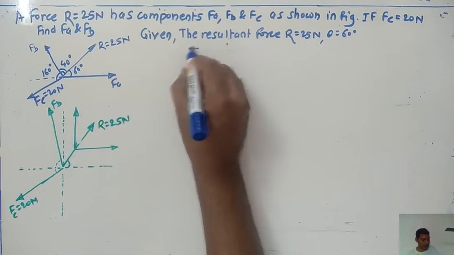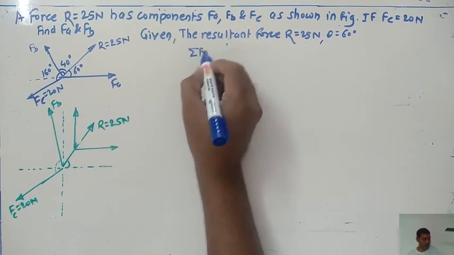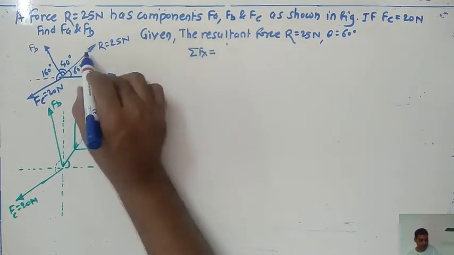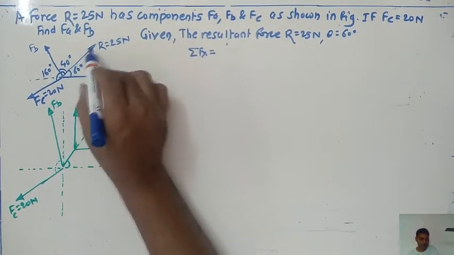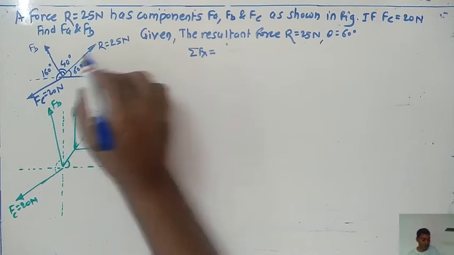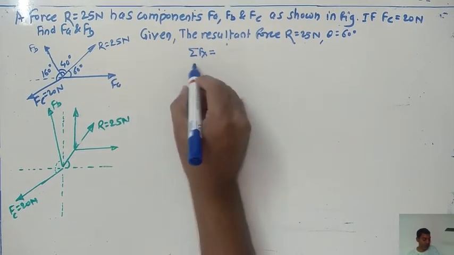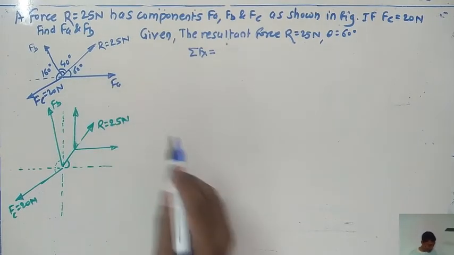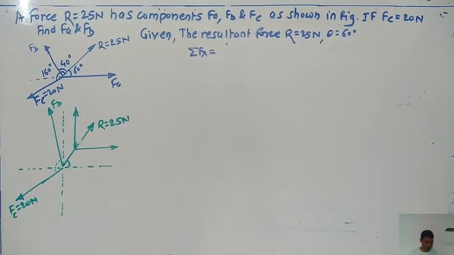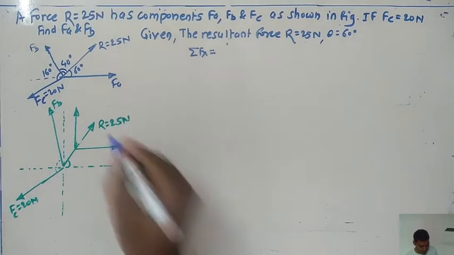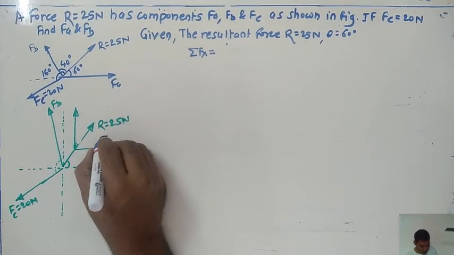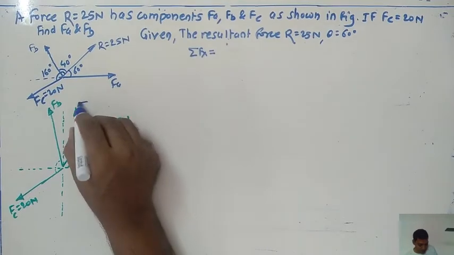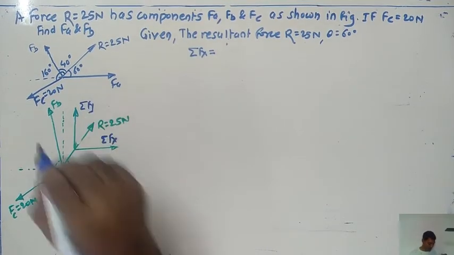It indicates the summation of Fx and summation of Fy, which are the components of the resultant. I'll make a few steps here. The explanation is not given yet; I'll give the explanation in the coming steps. This indicates the summation of Fx and this indicates the summation of Fy.